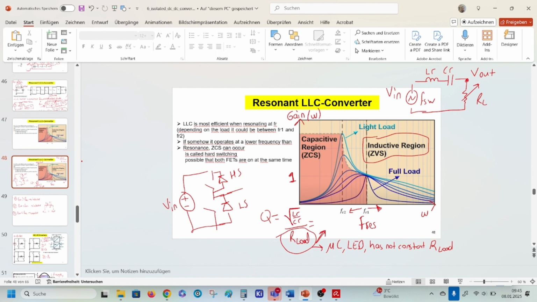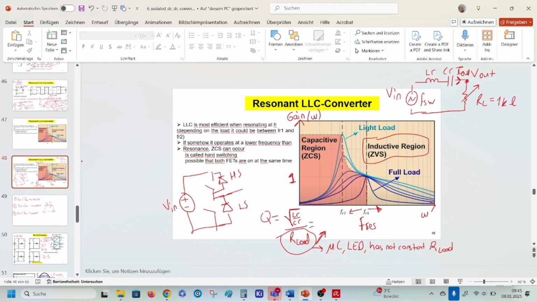Let's say this is the light load case. For example, 1 kilo ohm, output current will be less, and I'm still, let's say, switching at this resonant frequency. In this case, I would have a gain of 1.